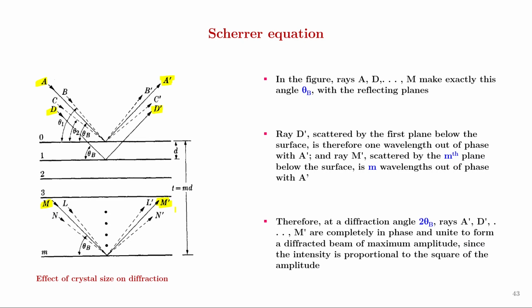Therefore, at a diffraction angle 2 theta b, rays A dash, D dash, etc. to M dash are completely in phase and unite to form a diffracted beam of maximum amplitude, since the intensity is proportional to the square of the amplitude.